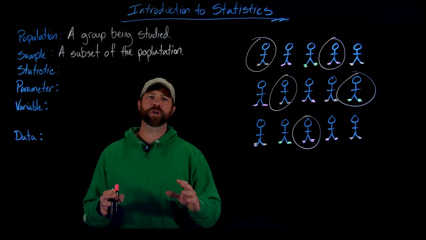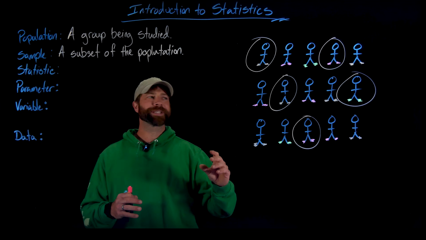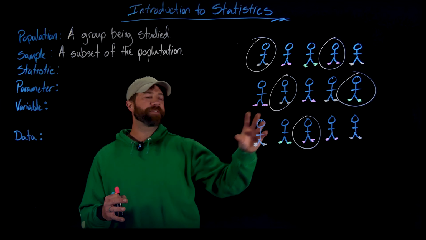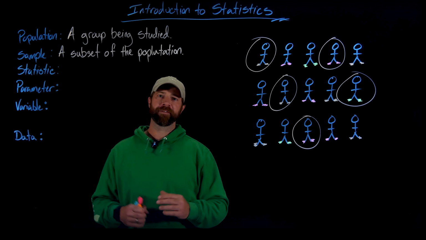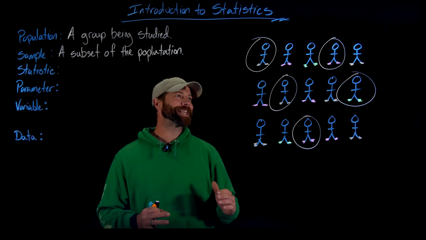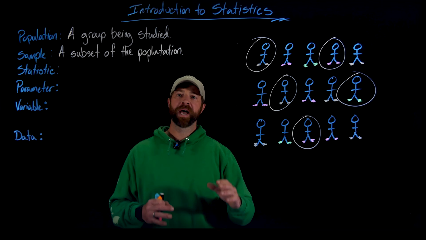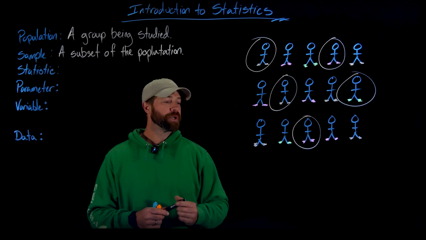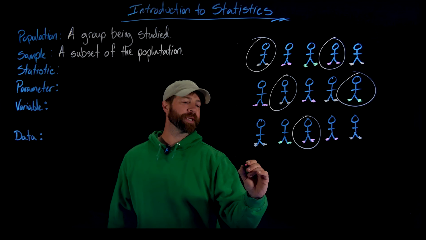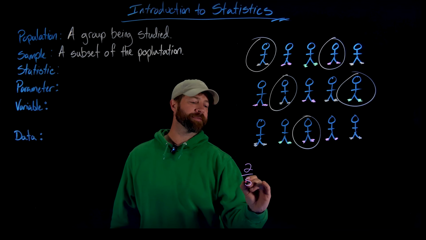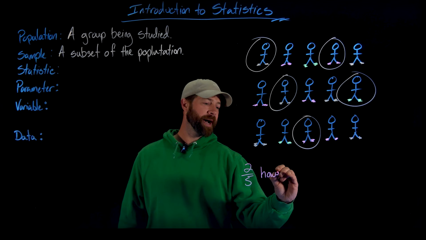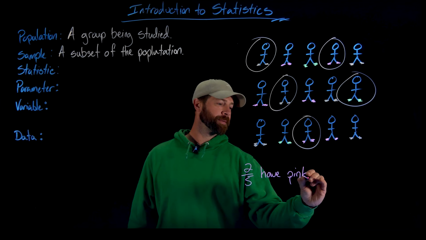I'm just going to look at the number of individuals in the sample, these 5 that I've chosen, who have pink shoes. In looking at this group of 5 individuals, I see 2 of the 5 have pink shoes. So proportionally, I would say 2/5 have pink shoes.